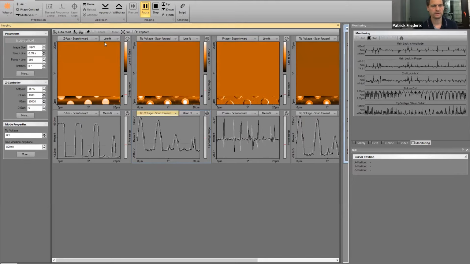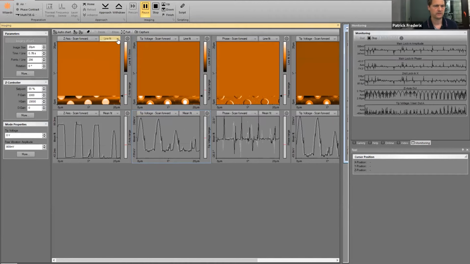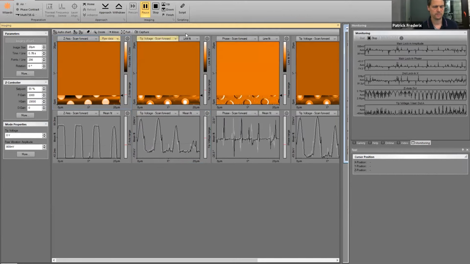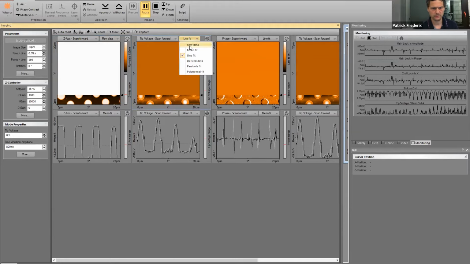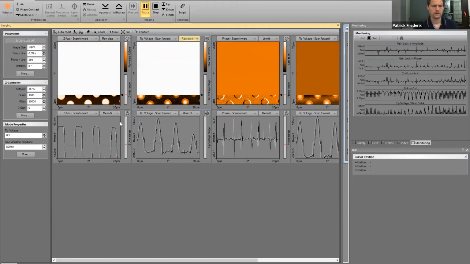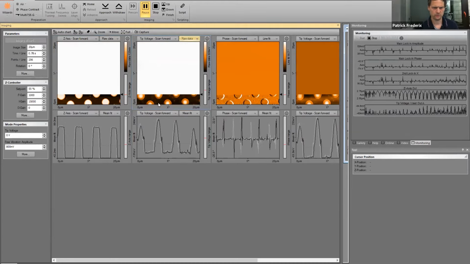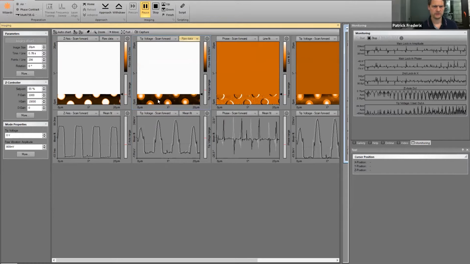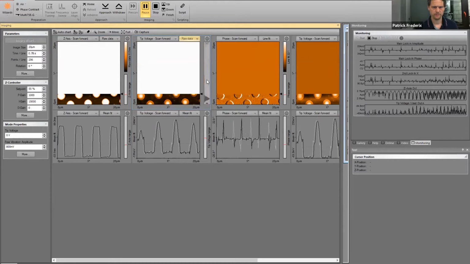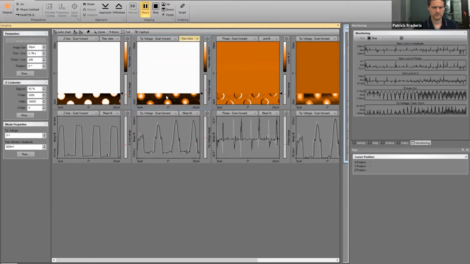That's the background correction, a standard line fit. I can, of course, change both to raw data, and if it rescales afterwards, you see that these dark bands where the dots are will be gone.